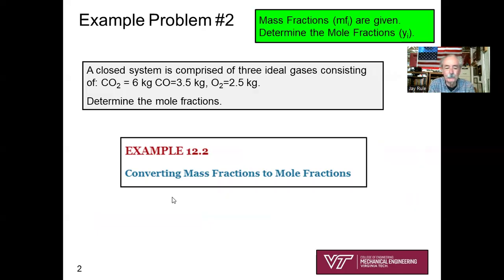So do you see where with the kilograms given, all you got to do is add up the total number of kilograms, and that will give you the mass fraction of each constituent. But for some reason, you need to determine some partial pressures. And so you need to determine the mole fractions in order to get the partial pressure of each constituent.